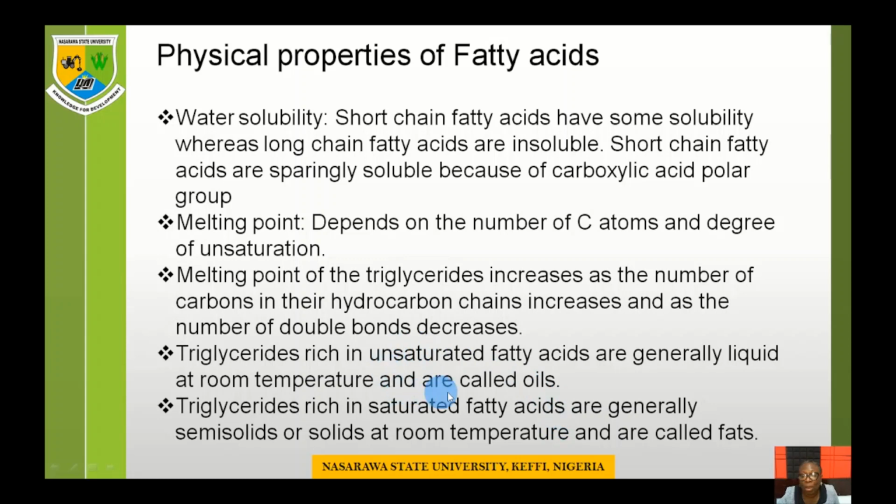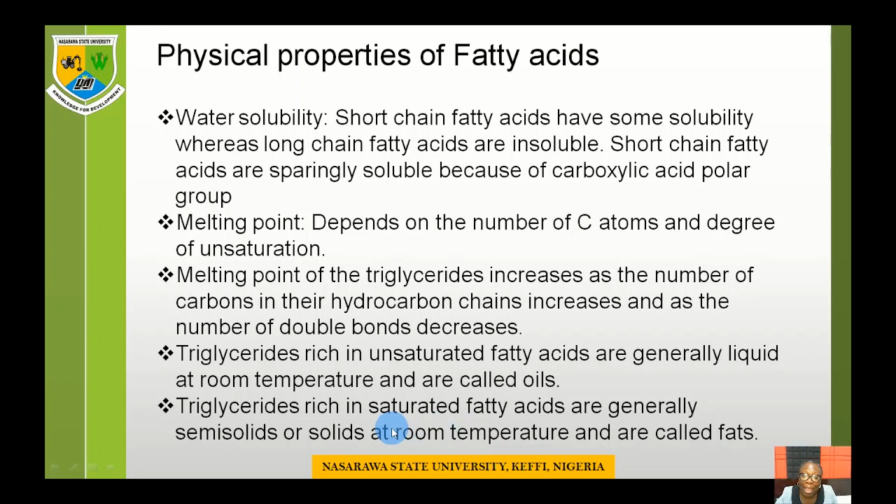So when the triglycerides, just like I showed you the other time, where you have 3 fatty acids esterified to a glycerol, when the 3 of them are unsaturated, they are oil, they are liquid. They will be liquid at room temperature, and they are called oils.